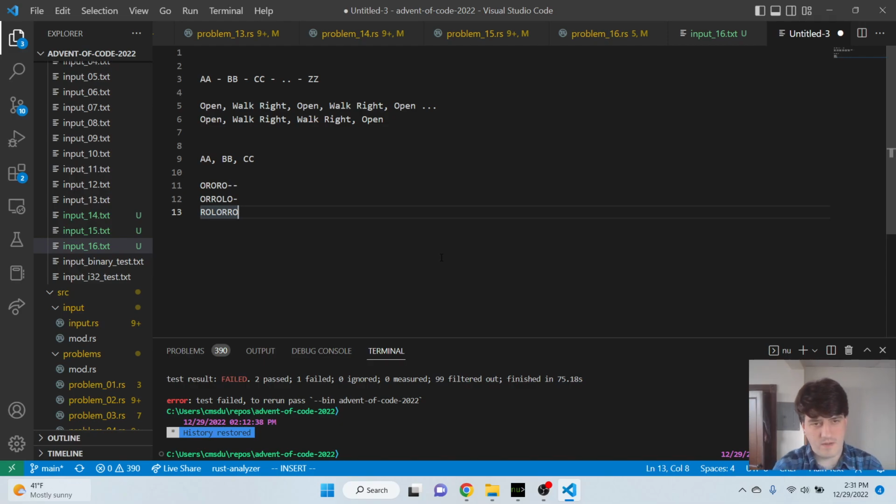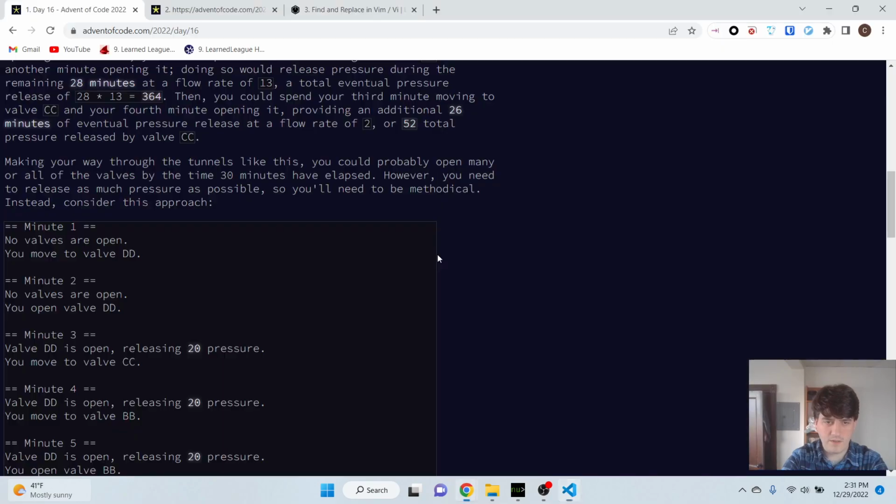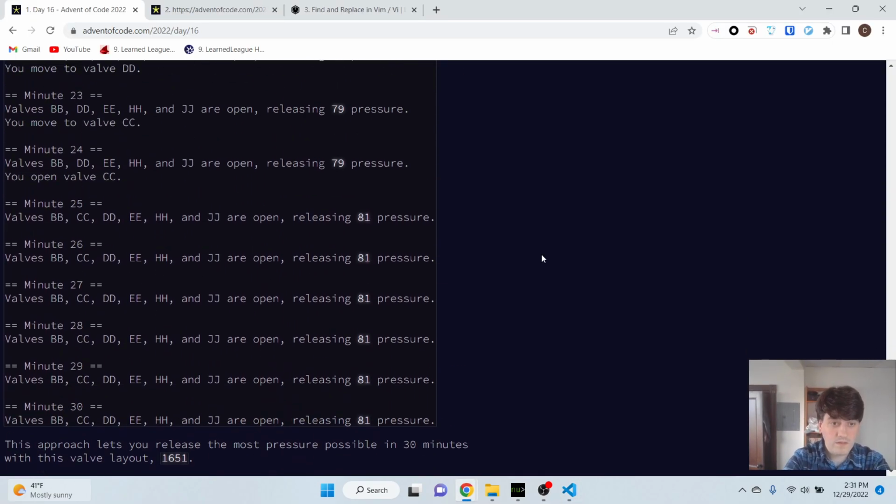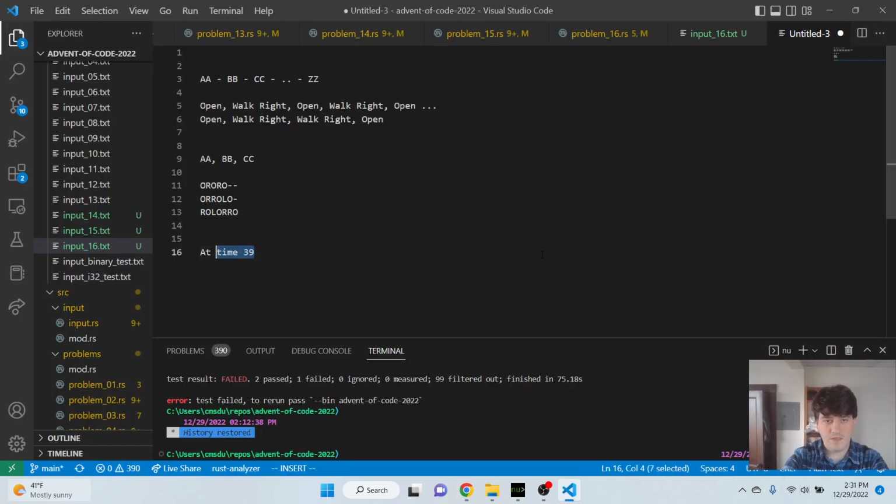And I think we want to start at the end. So I think we want to say at time 30 or 29, when does it end? At minute 30, at t equals 30.